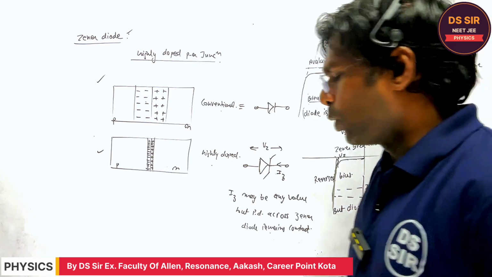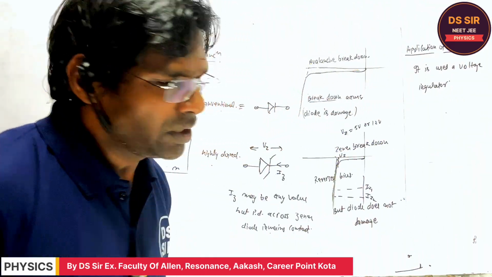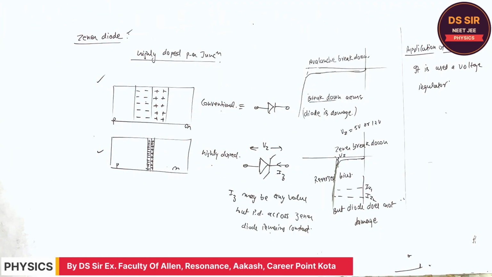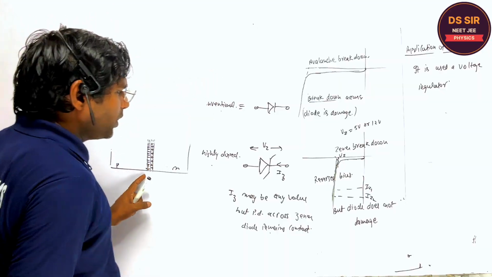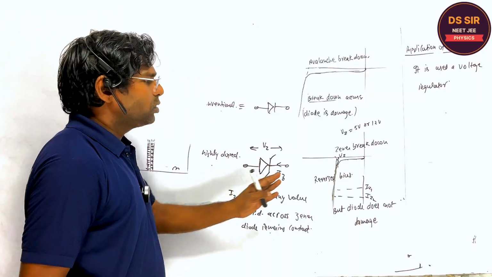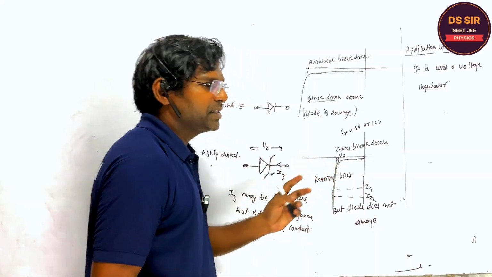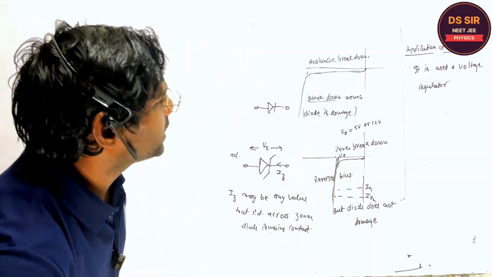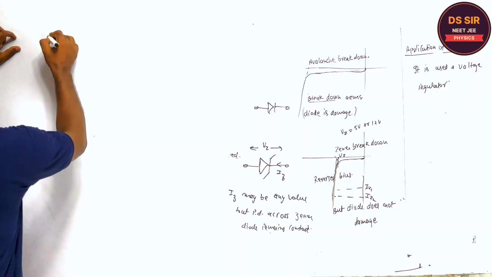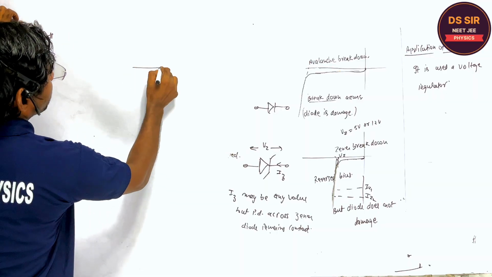How is it used as a voltage regulator? This question is the one question which comes on the Zener diode, right? The important point is that the Zener diode works in the reverse bias condition, and it is used as a voltage regulator.